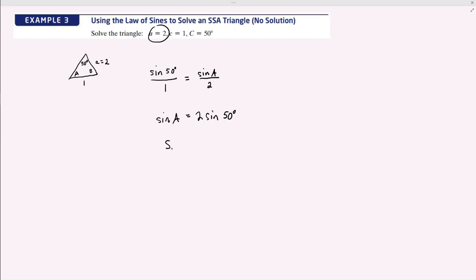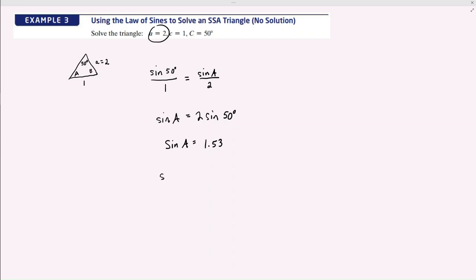Okay, so if we put the right side into our calculator, we take 2 times the sine of 50 degrees. And we get 1.532. I'll just round it to 2 places.